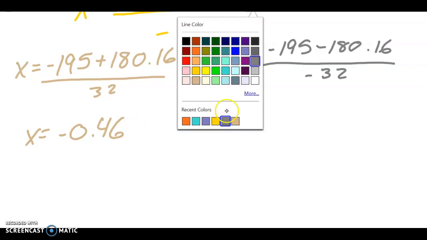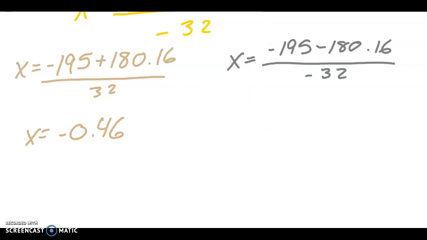And on the other side of things, I've got negative 195 minus 180.16. That's going to give me negative 375.16. And then divided by negative 32 is going to give me 11.72.